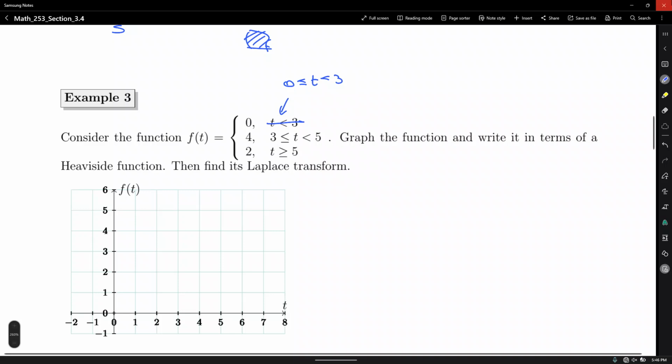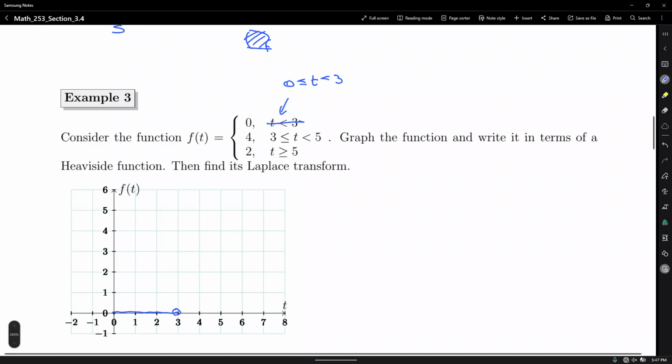It means that between 0 and 3, our signal is 0. And I'm going to put an open circle at 3.